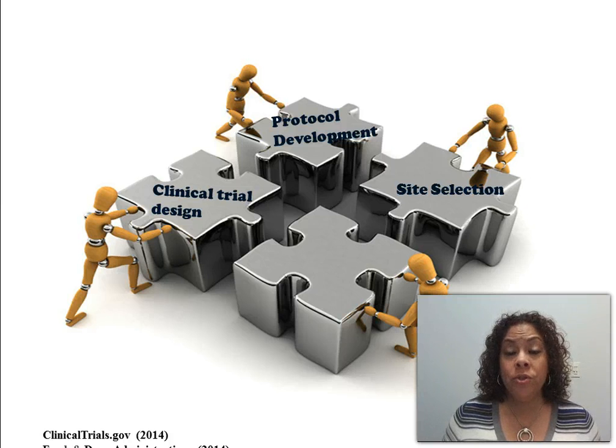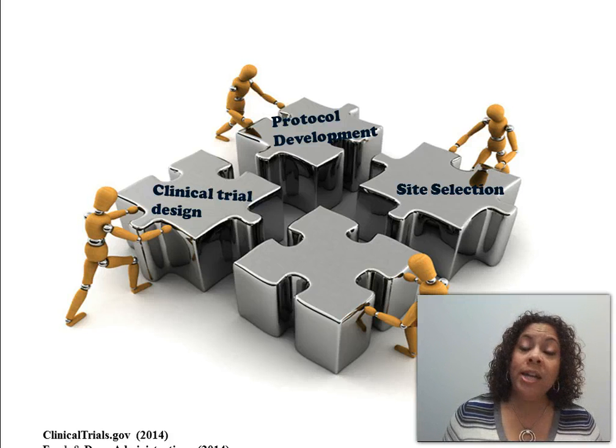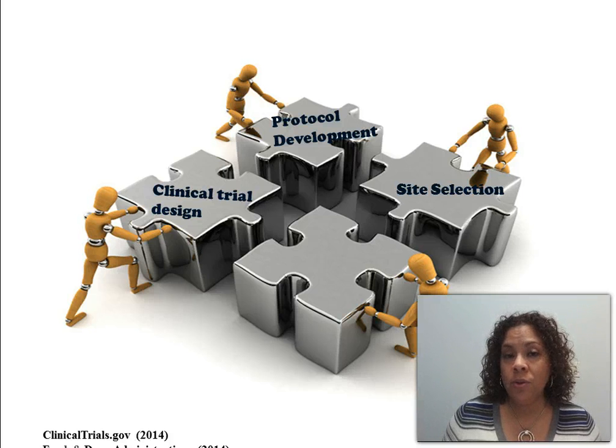But whatever it is, you want to make sure that the site is able to run your trial in an ethical way, that they're going to follow the protocol and they're going to follow what's called good clinical practice. And so sites are selected primarily by the sponsors of the trial. That can be a pharmaceutical company, or if it's an academic center, they will be responsible for selecting the sites.